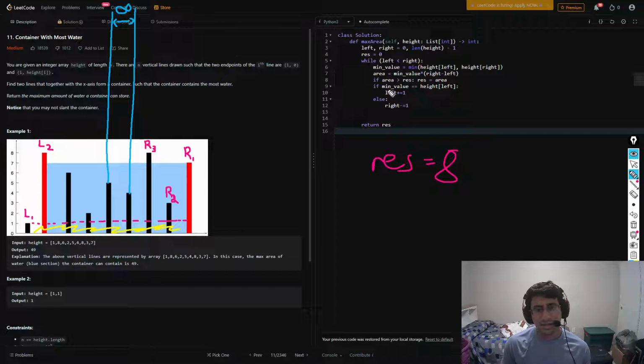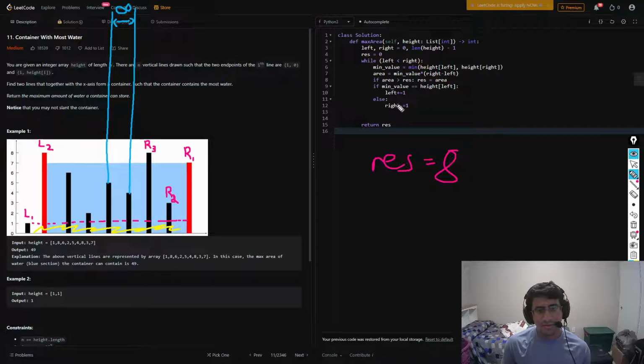We can see here that in this code, the min value, first of all, is the minimum of the two heights of the two pointers, right? The minimum value of the two pointers, to which value they're pointing to. If the minimum value is the left one, then left plus equals 1.